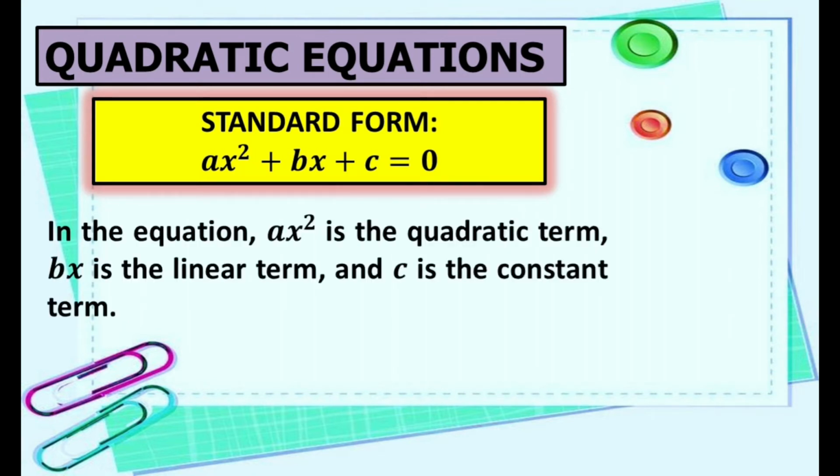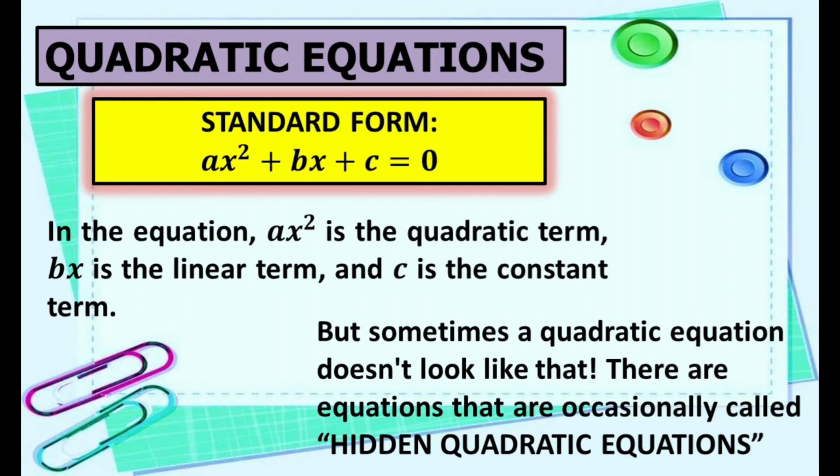In the equation, again, ax squared is the quadratic term, bx is the linear term, and c is the constant term. However, sometimes a quadratic equation doesn't look like that. There are equations that are occasionally called hidden quadratic equations, and that's what we're going to discuss next. We are going to put those hidden quadratic equations into standard form. Okay, let's start.